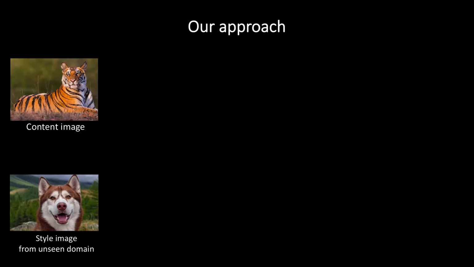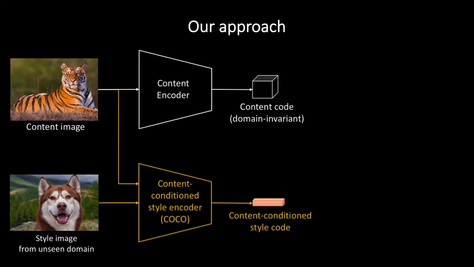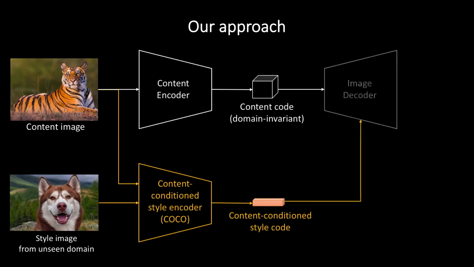Our style code uses both the style and content images. We aim to condition the style code on the input content image to make the style code consistent with content image. We called the content conditioned style encoder COCO.